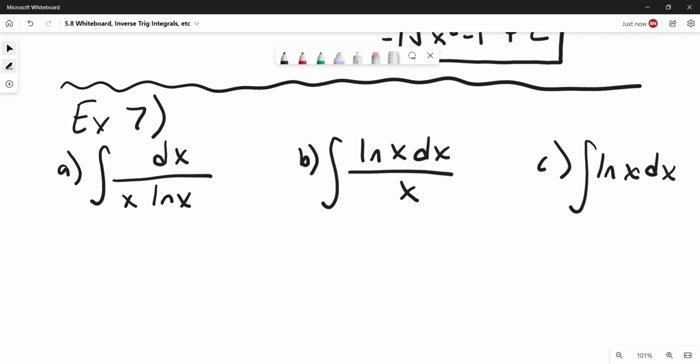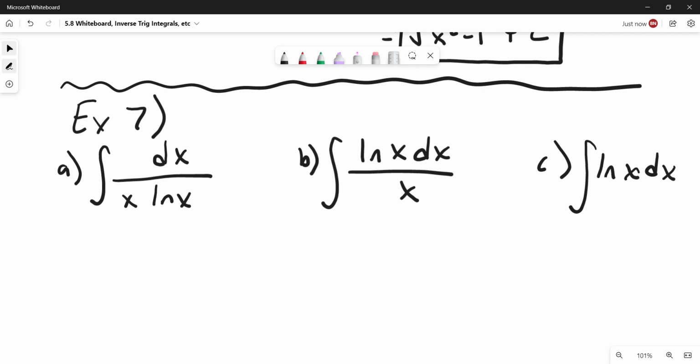Okay, first one. Again, generally speaking, when you see an integral like this that has an ln x in it, and it has just one other x in the problem, don't get too caught up. Remember that you're looking for a u such that the derivative of that u appears somewhere else in the integrand.